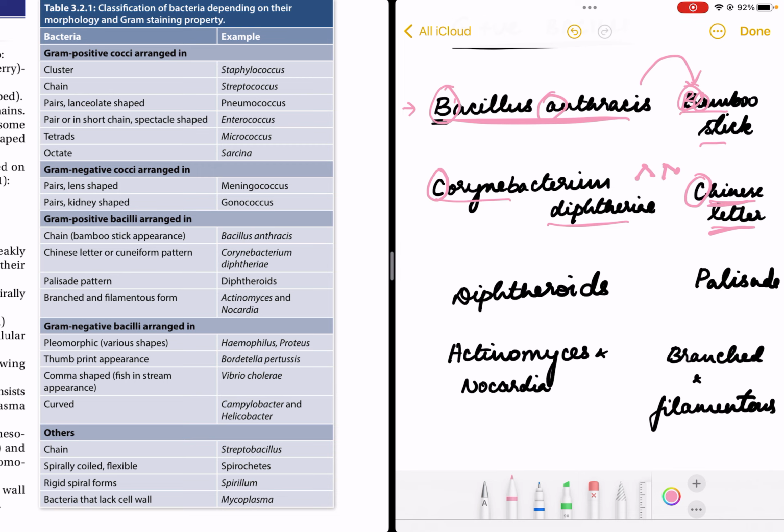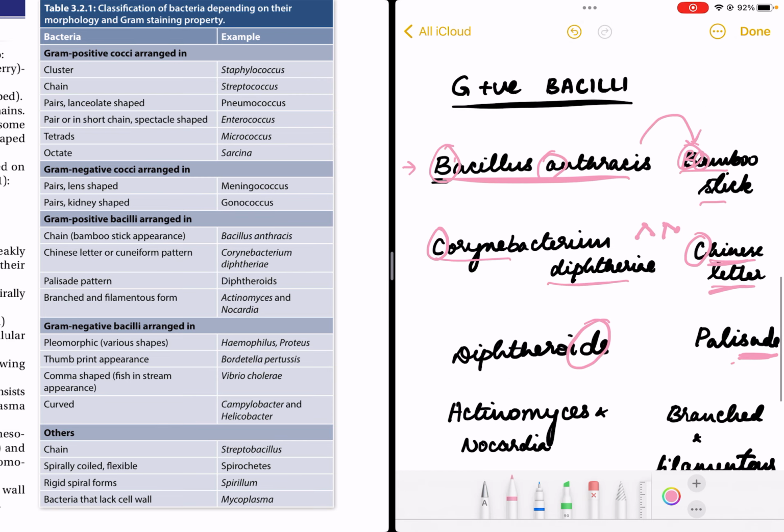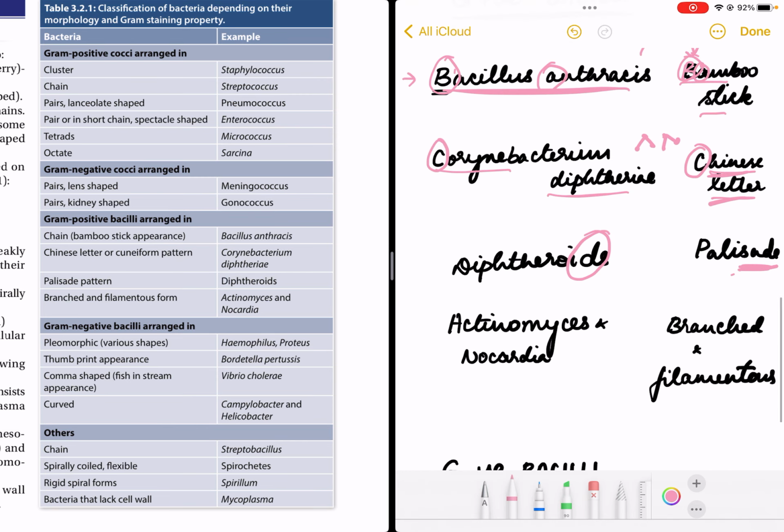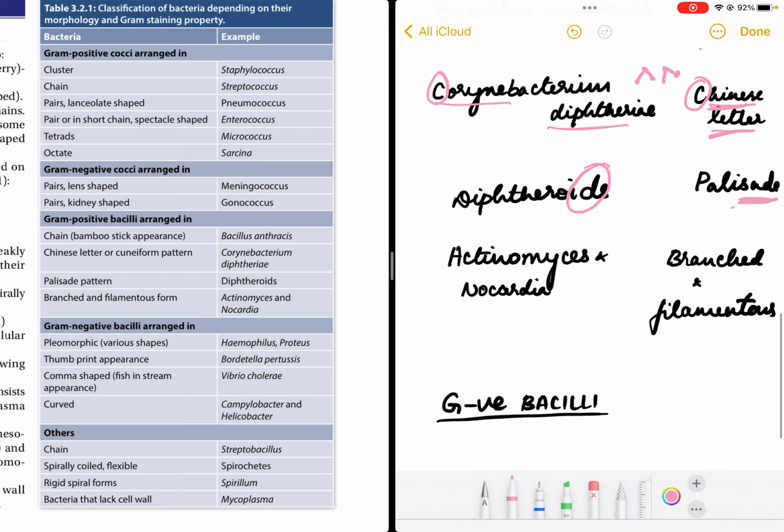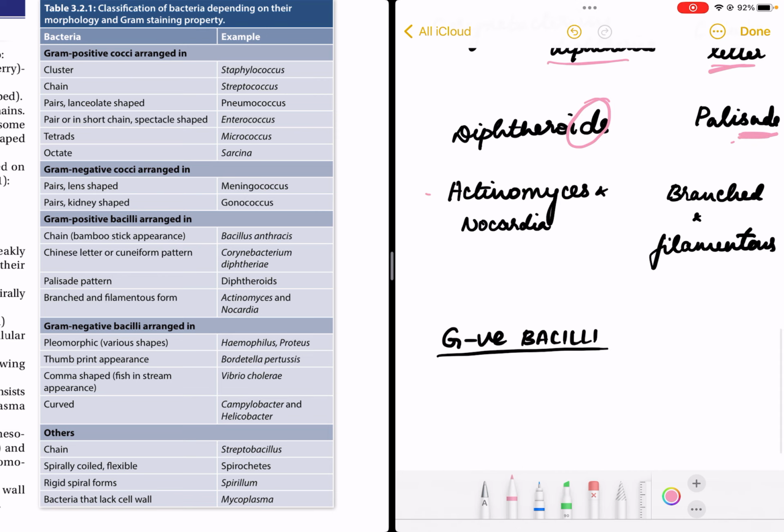Diphtheroids, because they have this letter D, sounds something similar to palisade, right? So diphtheroids, palisade arrangement. All of these will be easier for you when you study system wise. For now, just remember superficially the basic shapes of different bacteria. Branched and filamentous is your Actinomyces and Nocardia. Just like that, you'll have to remember.